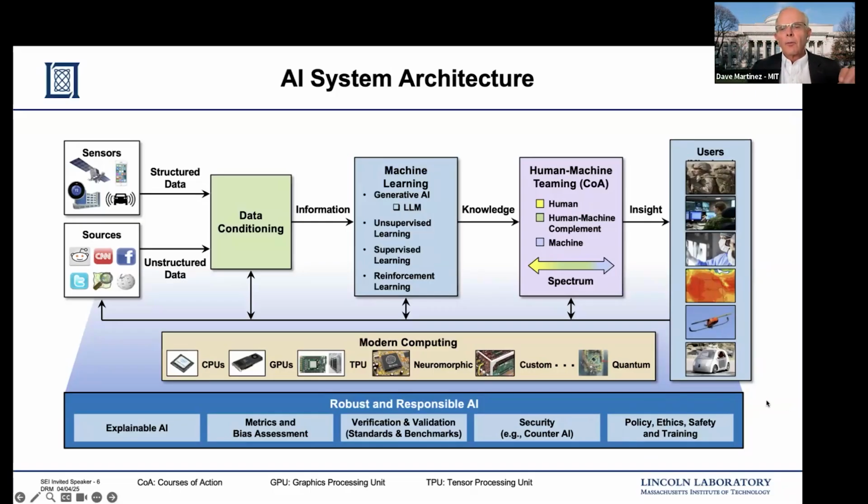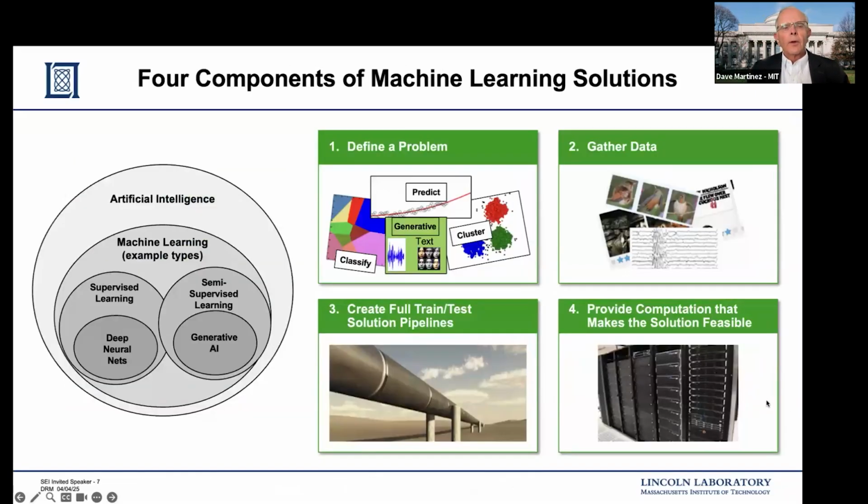I'm going to give you some highlights through the course of this morning. As all of you know, there are four key elements that you have to attend to when you're implementing machine learning techniques, regardless of what they are. I use the left and right.